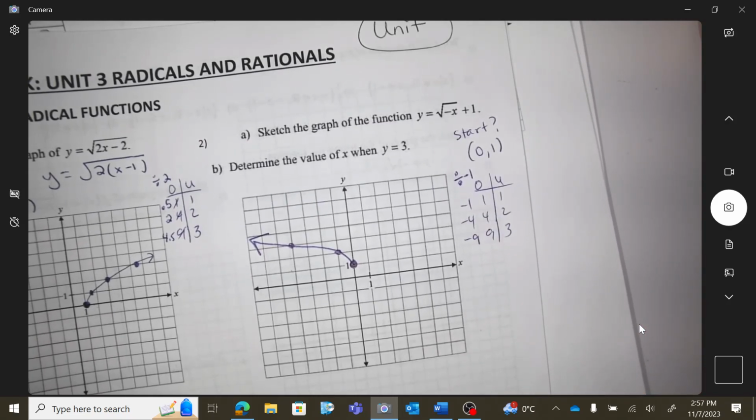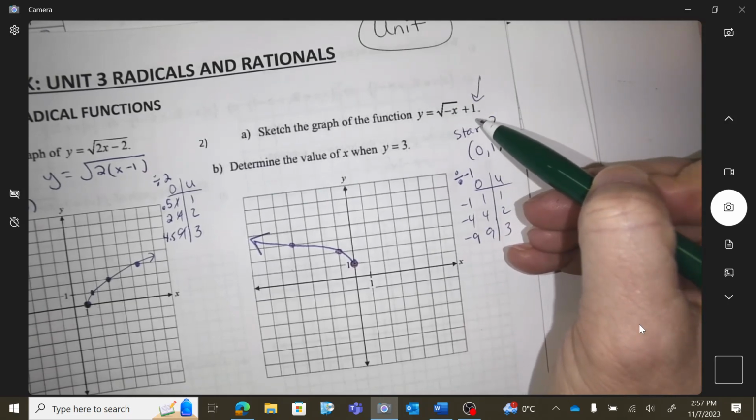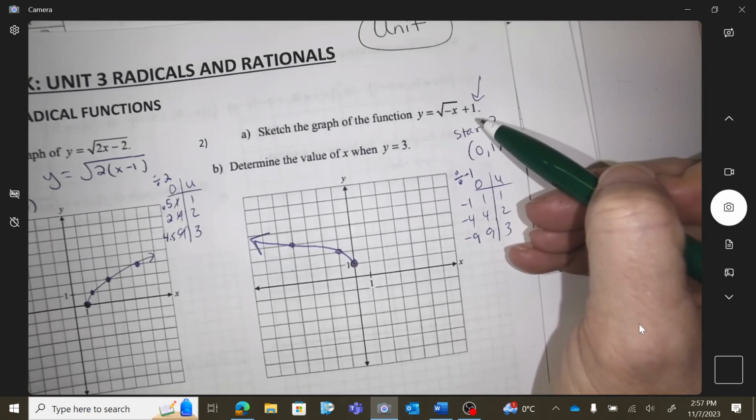Why did you start at 1 again? Because this transformation told me that I should start my point instead of at 0, 0, I should start up 1.